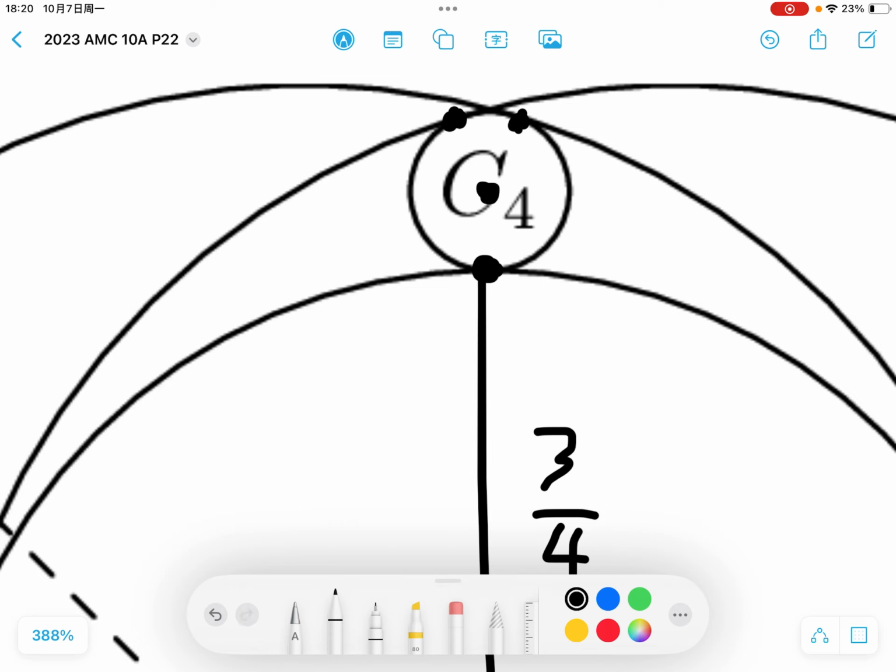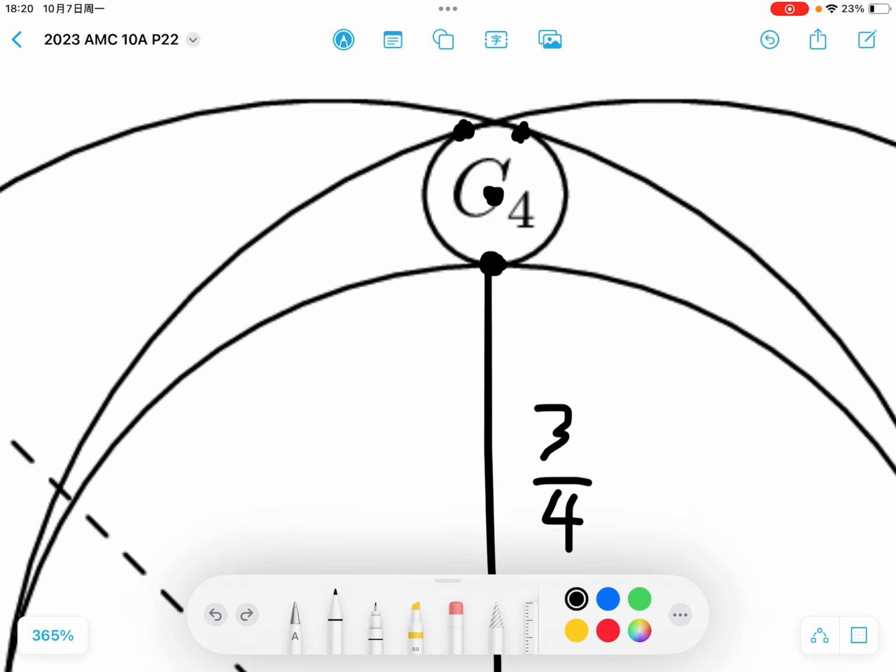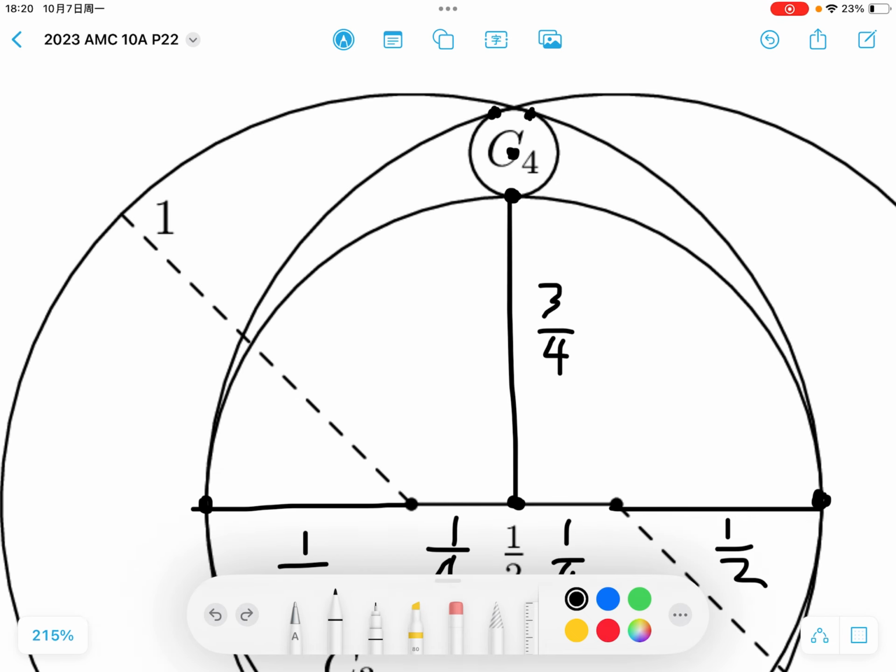So let's just say this is the center of C4. You want to find this little segment over here, which is R. And you can connect this and this, so these two segments together.